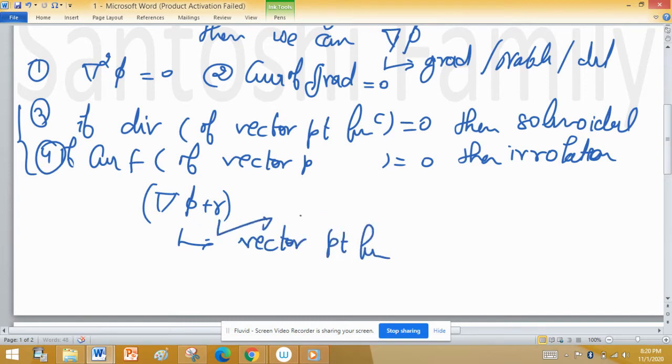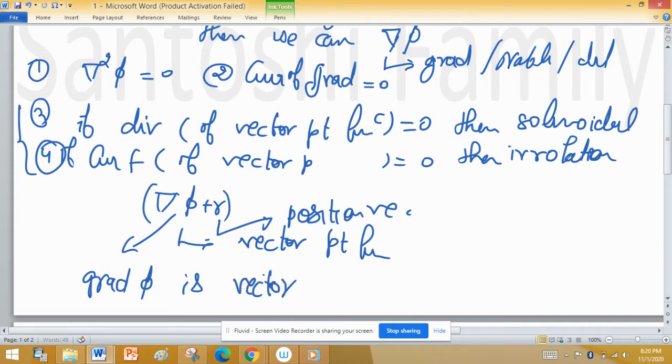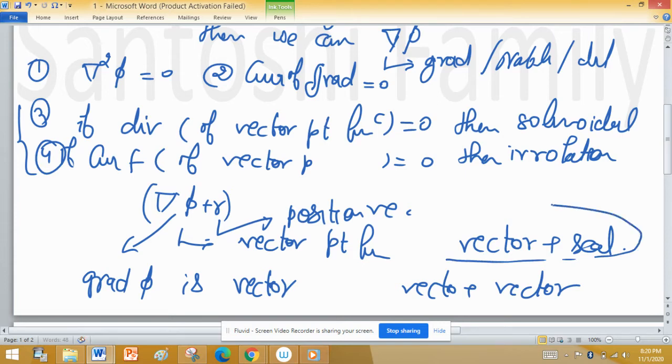As r is a position vector, and also gradient phi is a vector function, we can add these two, vector plus vector. We cannot add vector plus scalar quantity.